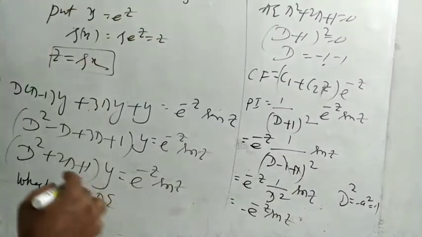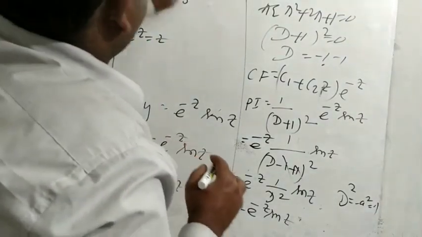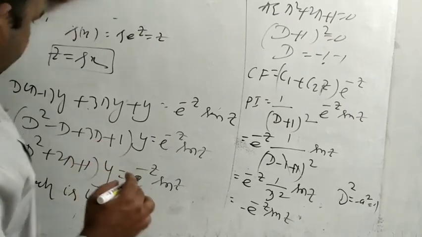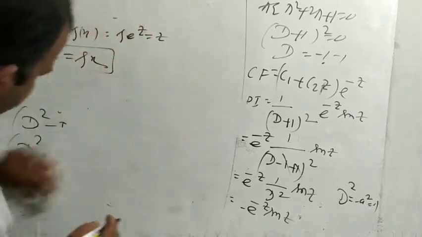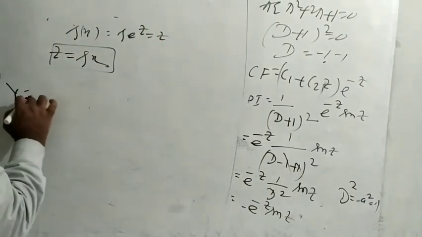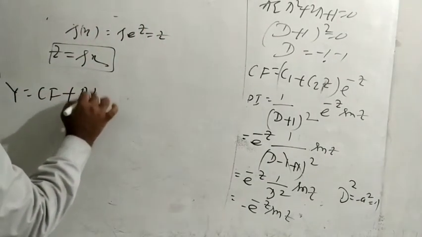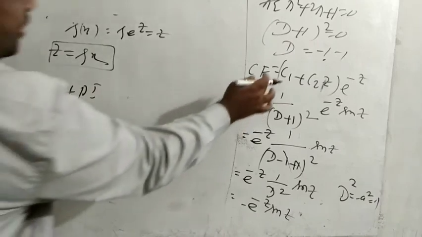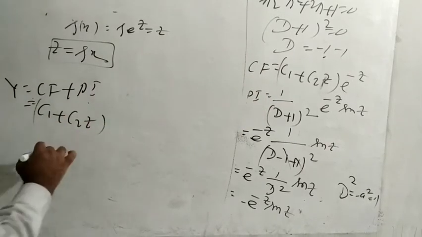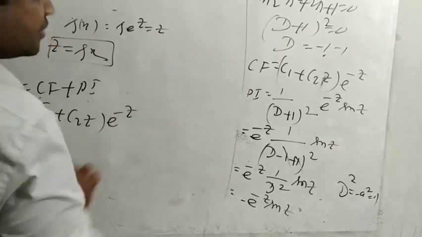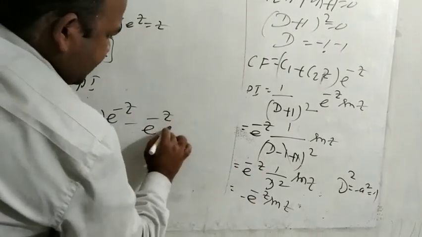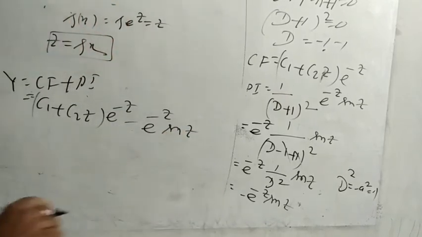The solution has come in the form of z. So now we will convert in the form of x. So the total solution y equals to CF plus PI. What is CF? CF equals to (C1 plus C2 z) e raised to minus z, plus PI minus e raised to minus z sin of z.